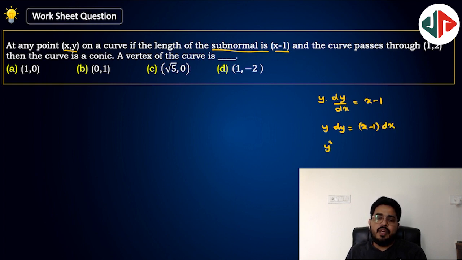So y square by 2 is equal to (x minus 1) whole square by 2 plus c. This is passing through 1 comma 2. Substitute 1 comma 2 in this equation. So 4 by 2, 2 is equal to c. Because x is equal to 1, this value goes to 0.